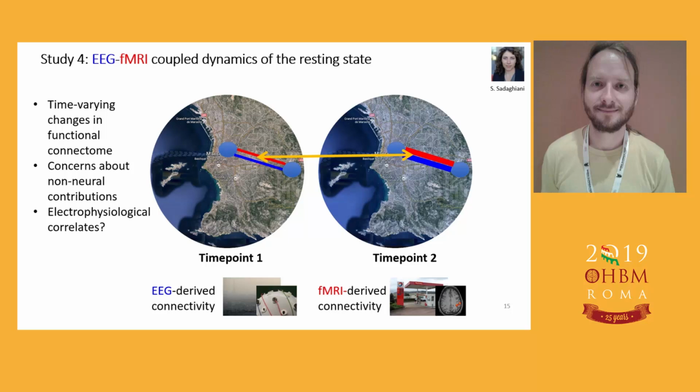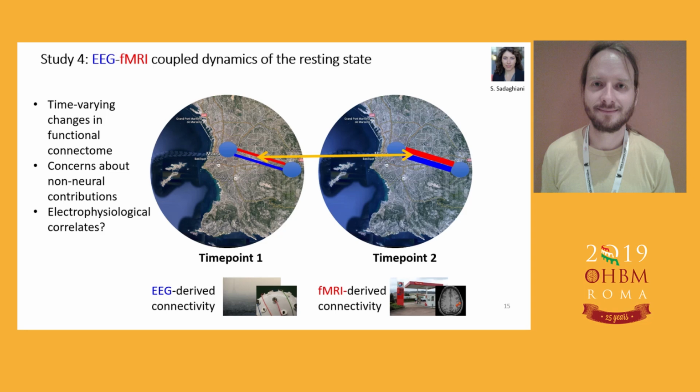So for now I talked only about static connectivity, so we're taking our resting state data and we're averaging the connectivity of 20 or 30 minutes of resting state inside the scanner. This gives us an estimation, but we don't know if the different timescales we're measuring with EEG and fMRI are fluctuating in the same way, or are the fluctuations between EEG and fMRI really a different thing?